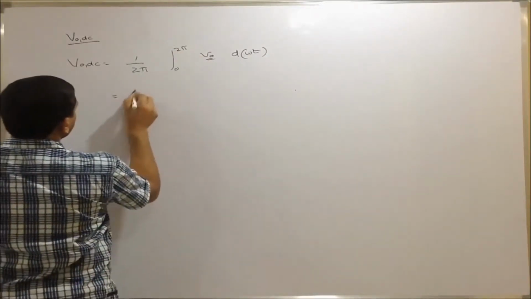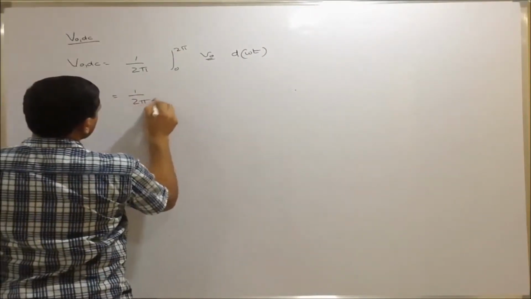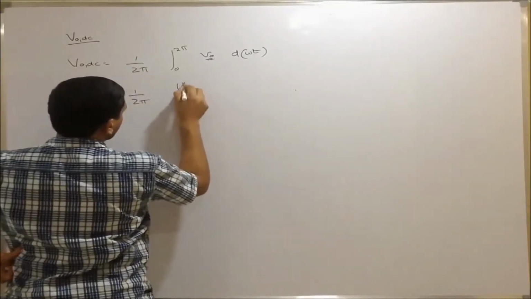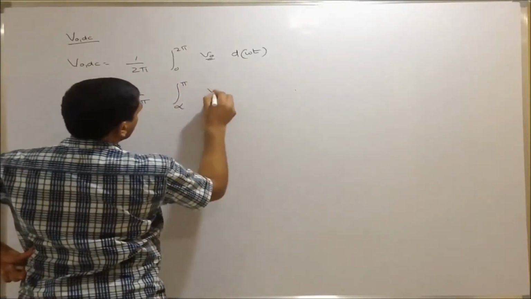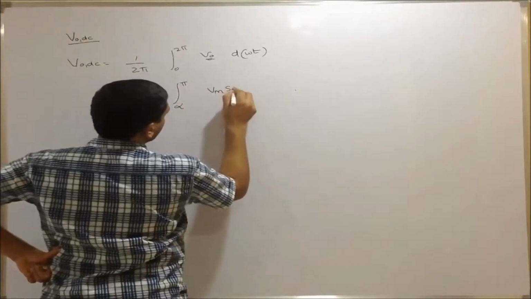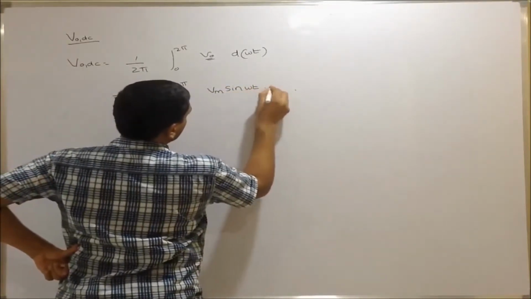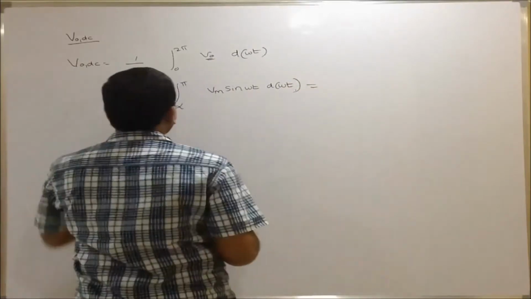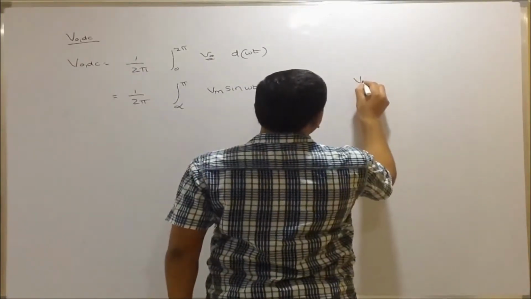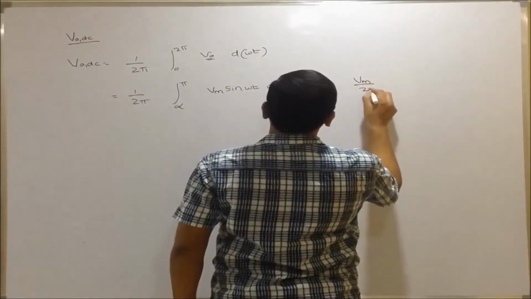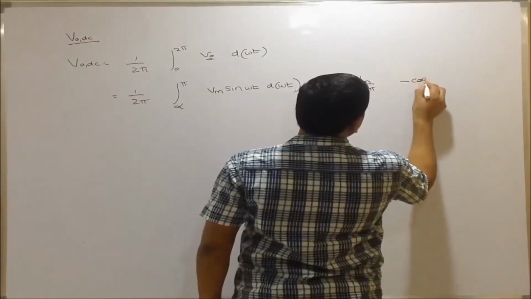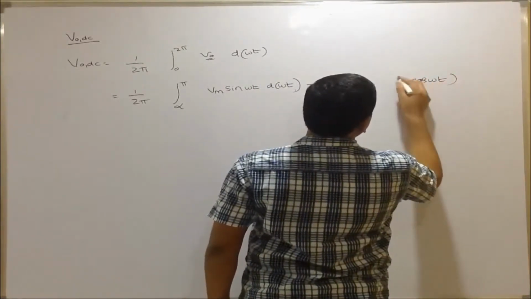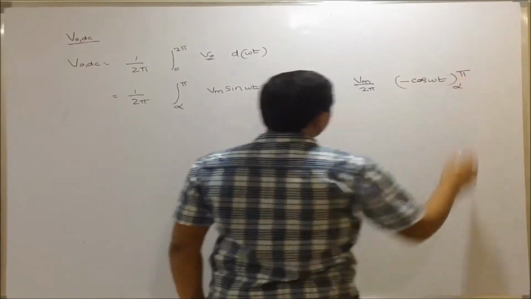So if I integrate, 1 by 2 pi, integral alpha to pi, Vm sin omega t d omega t. If I integrate, what do I get? Vm by 2 pi, the integration of sine is minus cos omega t, the limits alpha to pi.